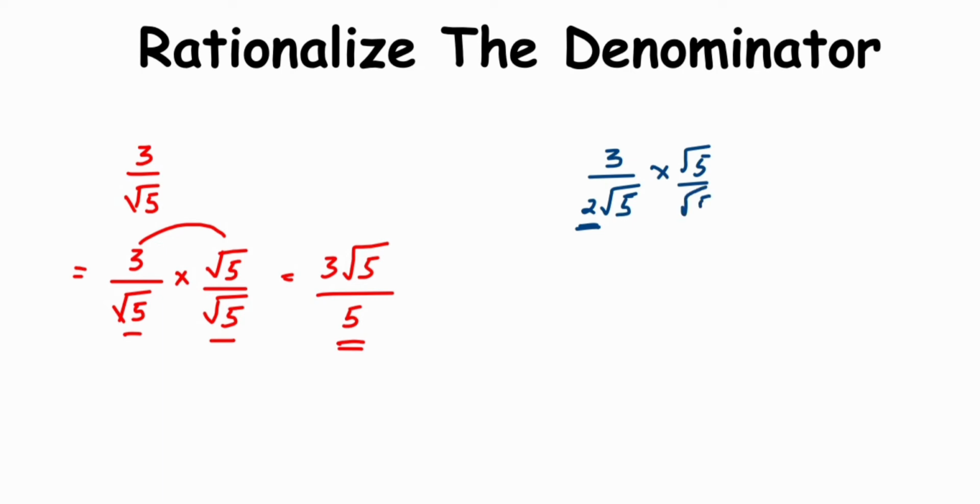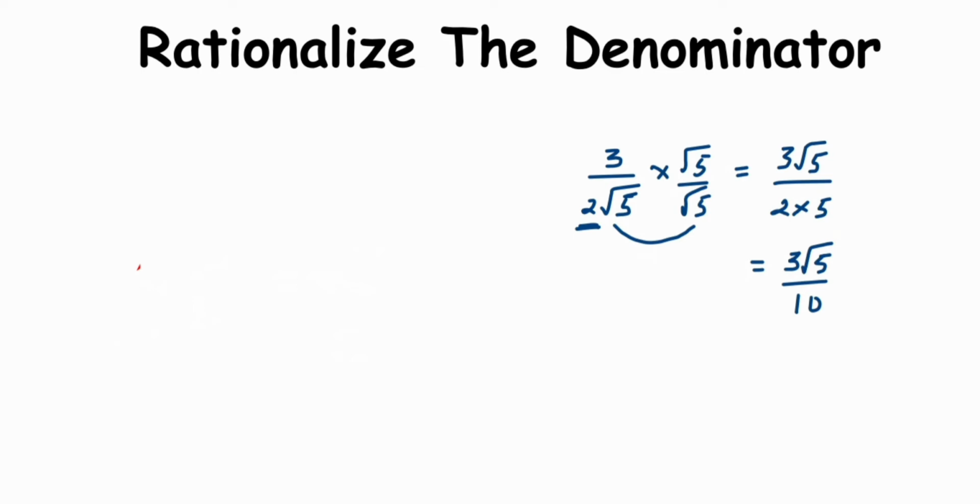That's it. So this will be 3 root 5 upon, root 5 into root 5 will be 5, and we have a 2 also, so it becomes 2 into 5, which is nothing but 10. So the answer will be 3 root 5 upon 10. I hope it's clear. This was a small example. Let us take one more example.